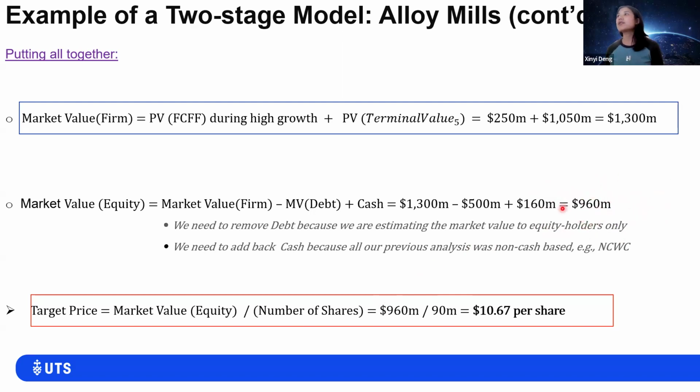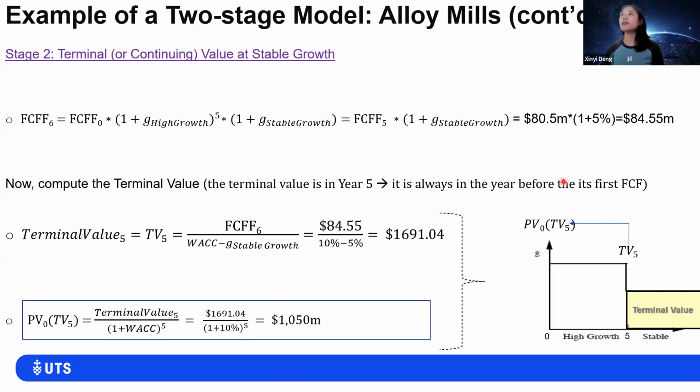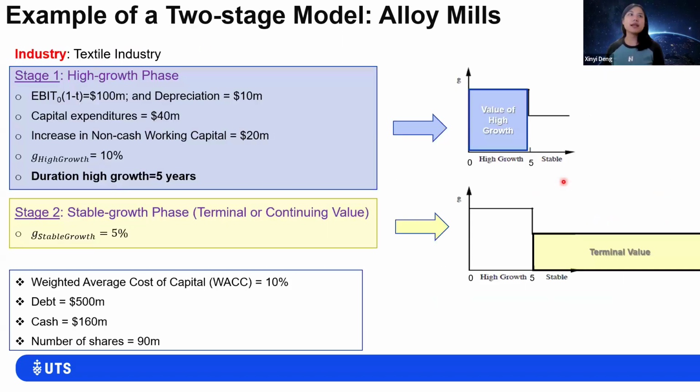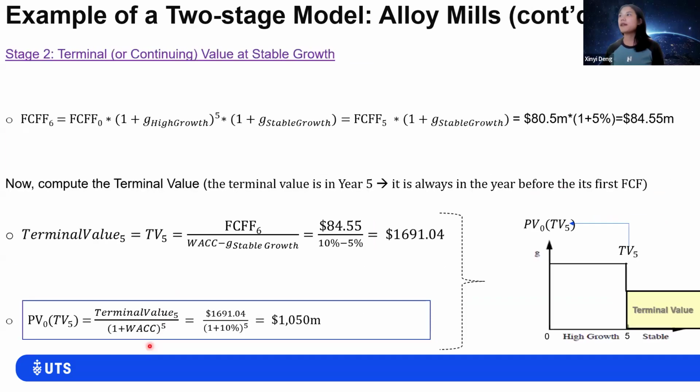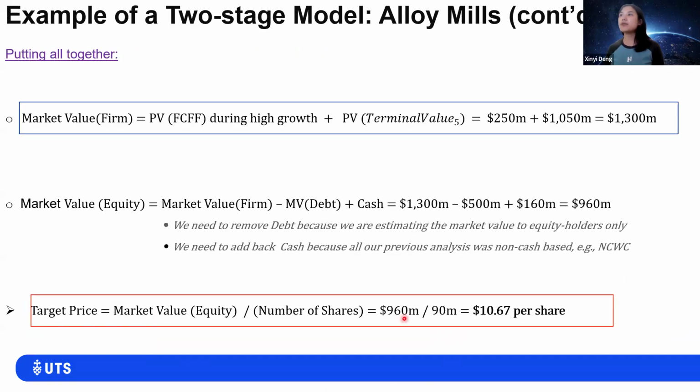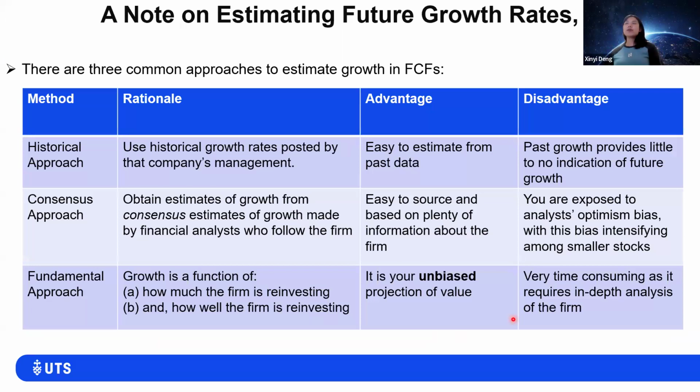The price is the market value of equity divided by the number of shares outstanding. If we look back, the number of shares outstanding is 90 mils. So we use 960 mils divided by 90 mils. This leads to a stock price of 10.67 per share. So that's all of the calculation question.